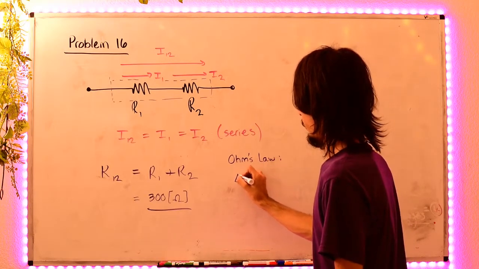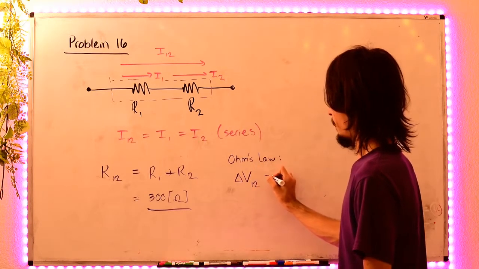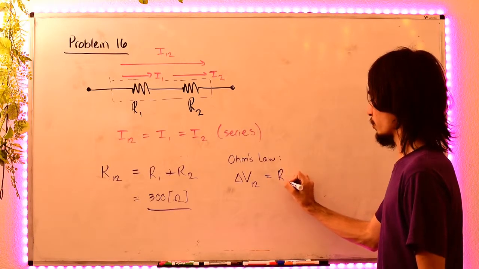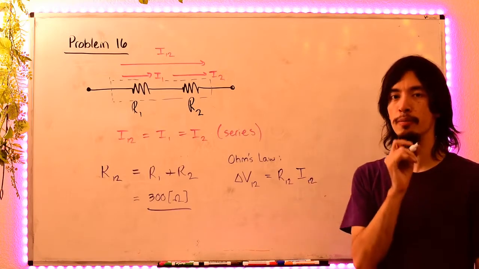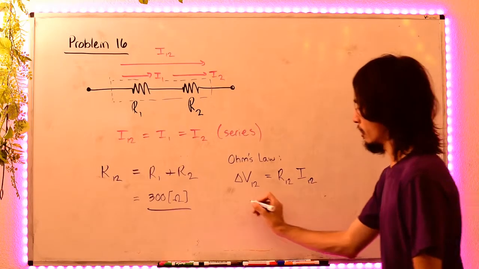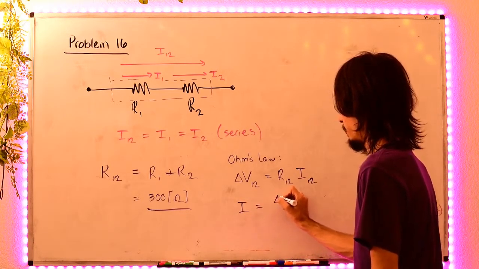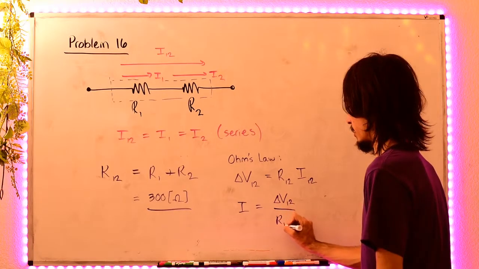Now, once you have that, you can say, according to Ohm's law, that the voltage across the entire combination, 1,2, equals the resistance of the whole combination, 1,2, times the current, 1,2. To get that current, you just solve voltage over resistance.